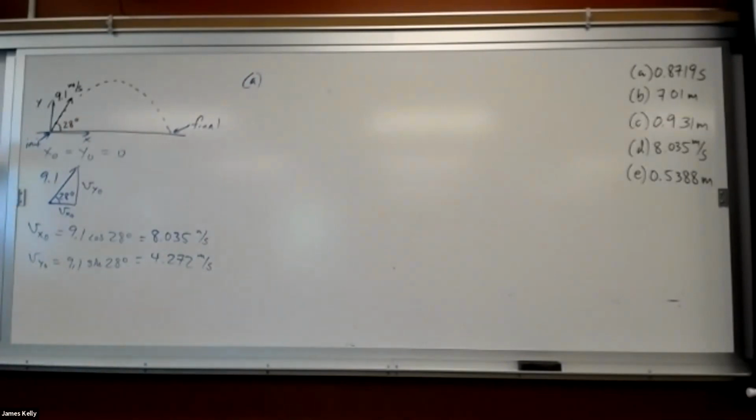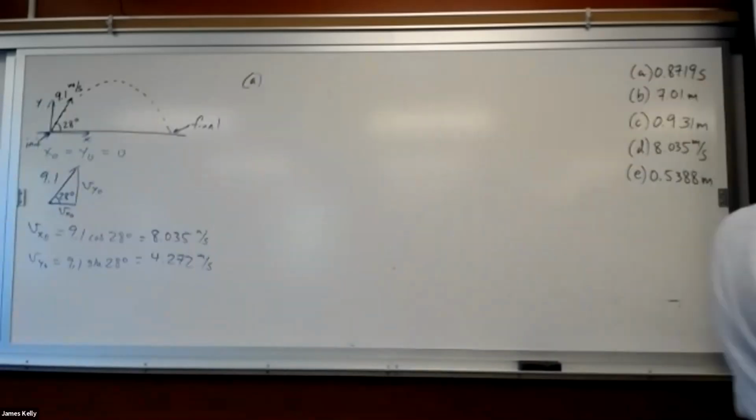What I do know, and it's not immediately apparent from the picture, but it makes sense once you realize it, I know the final y position. It's the same as the initial. They're both 0. Starts at y equals 0 and ends at y equals 0. And I want to find T. So this seems hopeful.